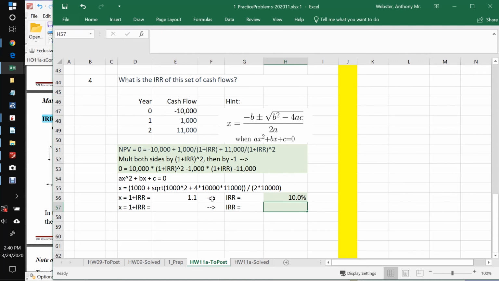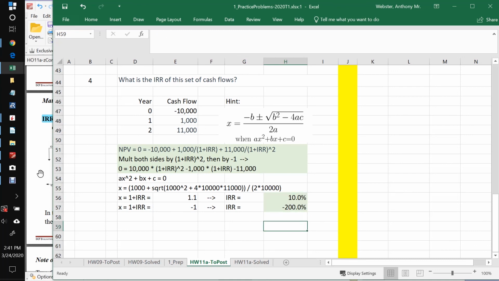Okay, and that's 10%, but now we're not quite done because remember there are always two possibilities for x here, so I've got to go and take this, and where I had plus the square root, I've got to now take minus the square root, and I get for x minus 1, and IRR is going to be x minus 1, right, so I take my minus 1, and I get minus 200%.